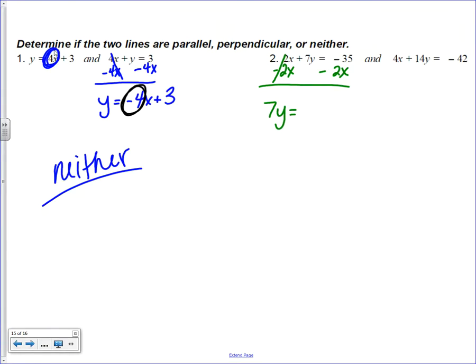Yep. Do those divide? No. How about those? What's 35 divided by 7? Perfect. What's my slope here, Luke? What's my slope there?